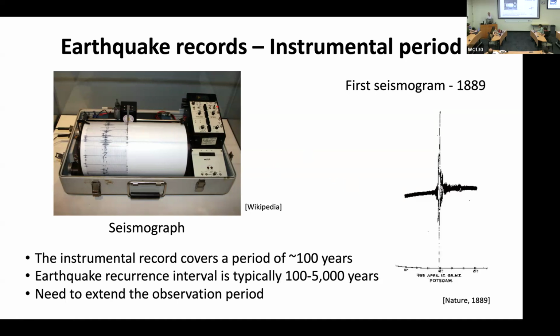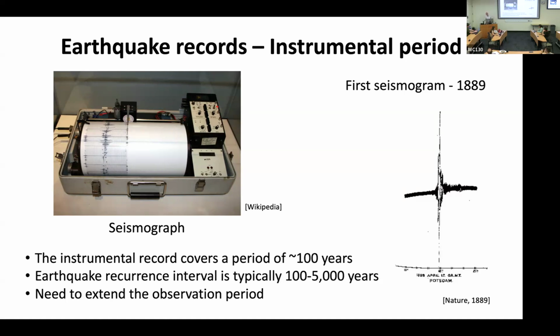You can separate that, and we do it in 3D. But the first seismogram was measured just 136 years ago, in Potsdam, in Germany. So we have a record of 140 years at the most.